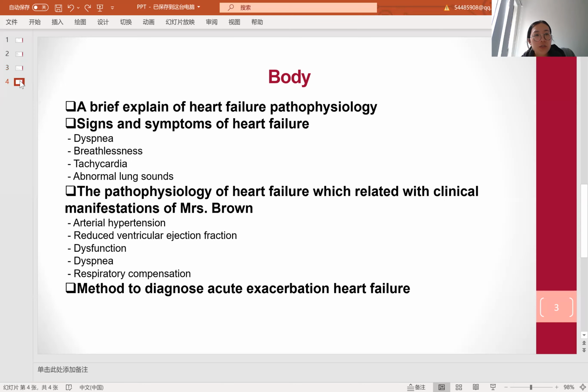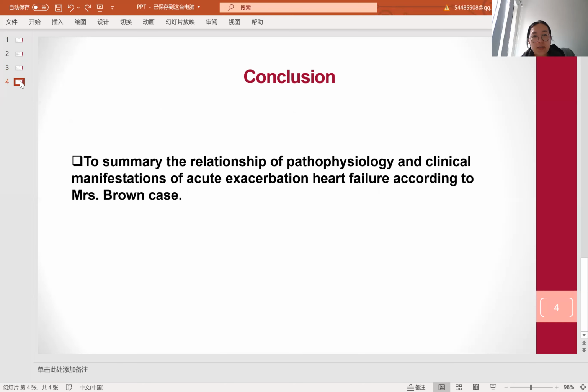And for conclusion, to summarize the main points, the pathophysiology of acute exacerbation heart failure is what influences the occurrence of clinical manifestations such as severe dyspnea, oxygen saturation, blood pressure, pulse rate, and respiratory rate, which were exhibited by Mrs. Brown.